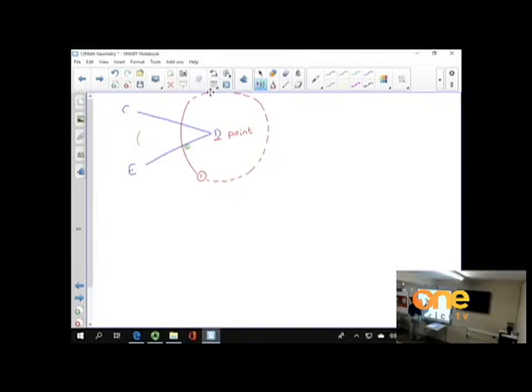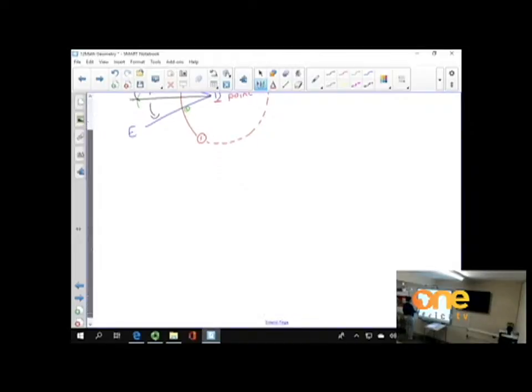Then from this side, number 3, you will again make your mark, and then you will use your ruler and you will draw your line, not freehand like I just did, with a ruler, and that will be equidistant from line DE and from line CD. So that will be equidistant.